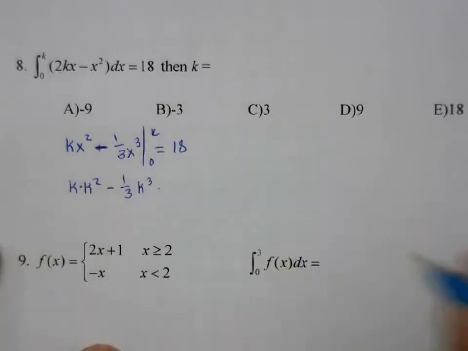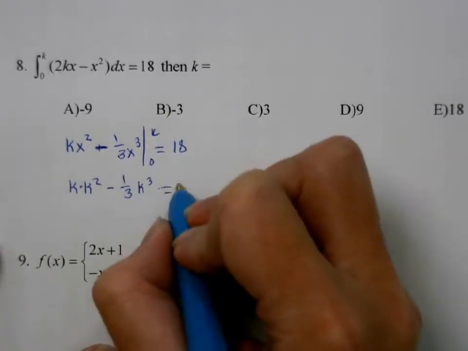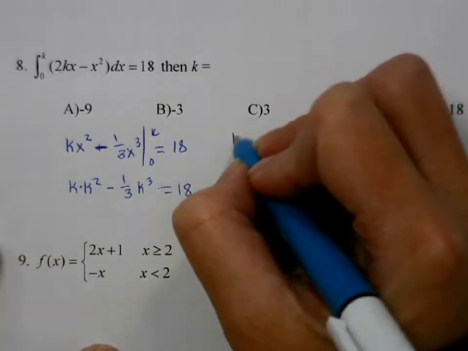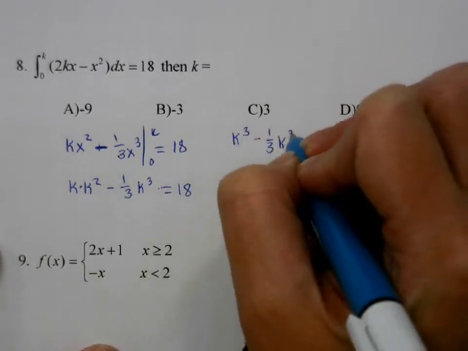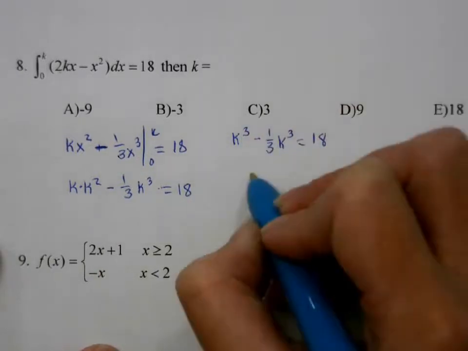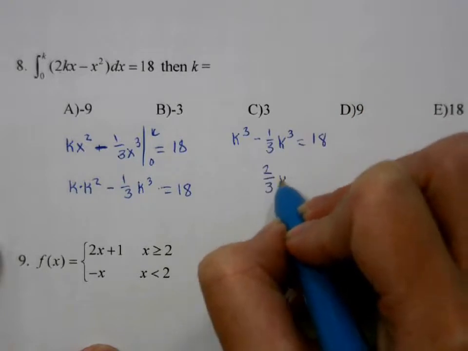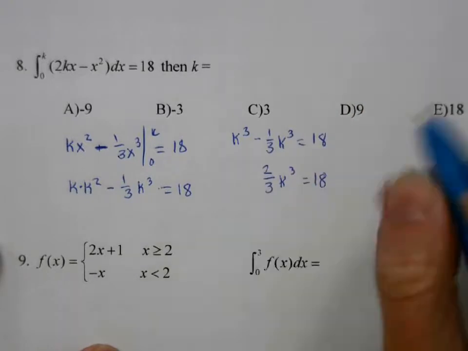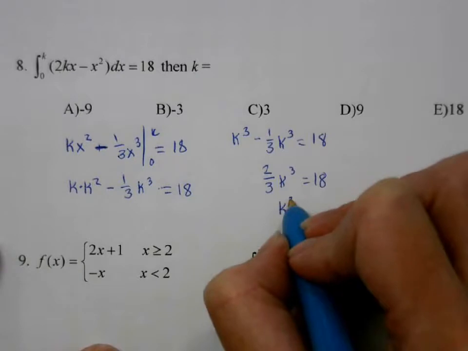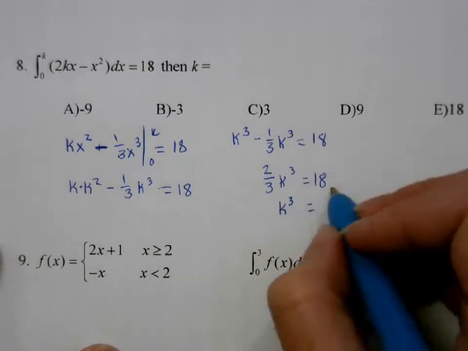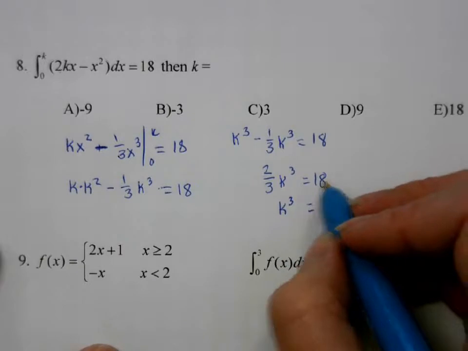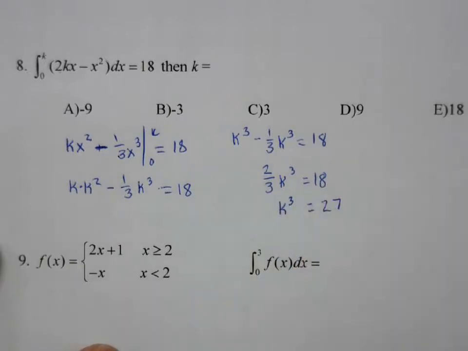So this equals 18. So k cubed minus 1/3 k cubed equals 18. So 2/3 k cubed equals 18. So k cubed, if we divide by 2 is 9 times 3 is 27. So k is 3.